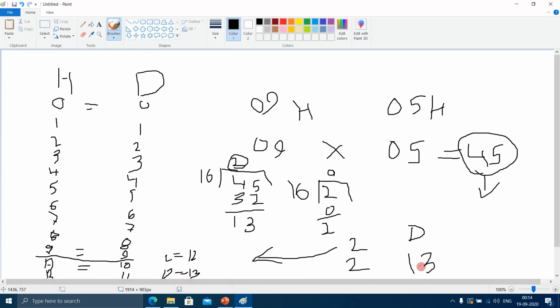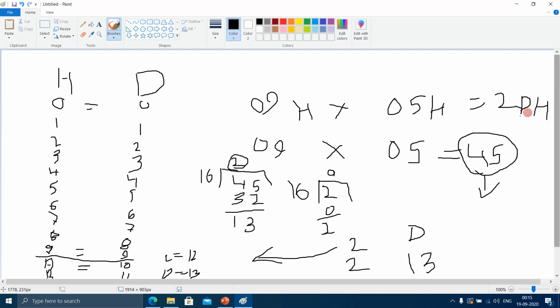So the hexa for decimal 13 is D. So the result we get after multiplying the hex numbers 9 and 5 is 2D, that is, 2DH.